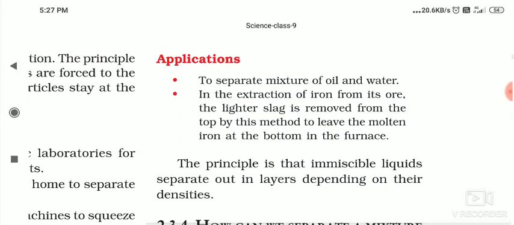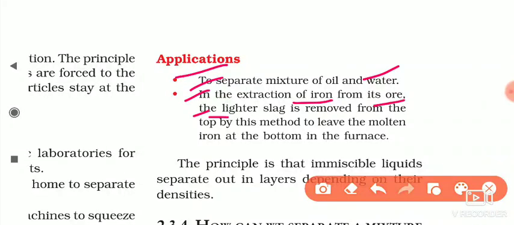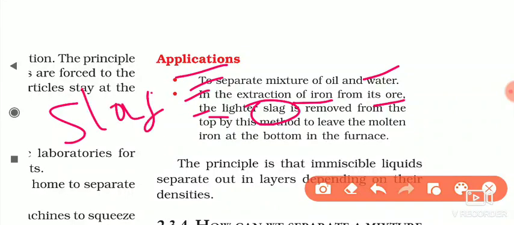Now what are the applications? To separate a mixture of oil and water, we discussed. In the extraction of iron from its ore, the lighter slag. First, I will make you understand what slag is. Slag is the waste material.